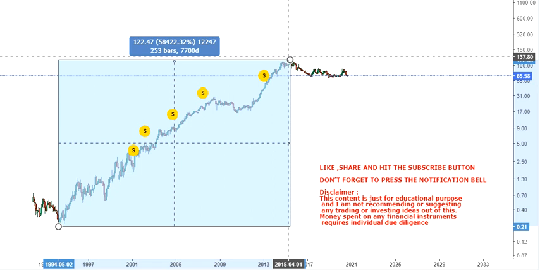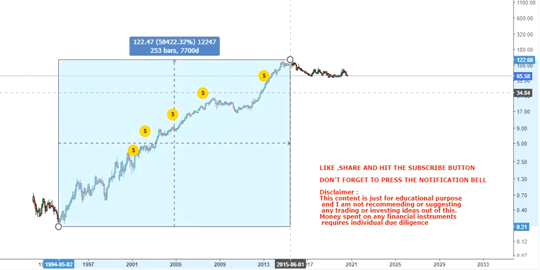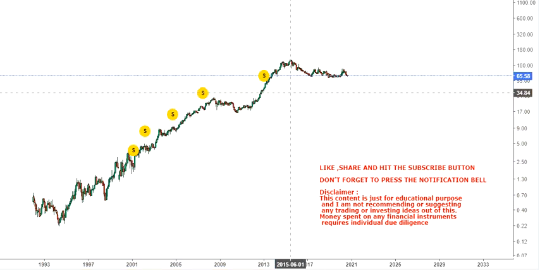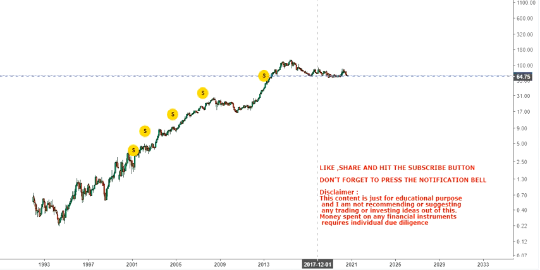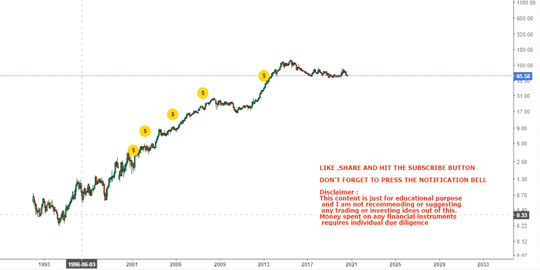So obviously, what you can see after 2015 is a consolidation. If you are thinking that the price has not given any return for the past 3, 4, or 5 years, then you need to think about the previous trend and the return that the stock has given over roughly the past 21 odd years.